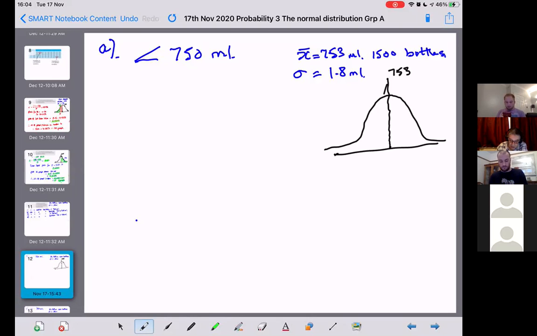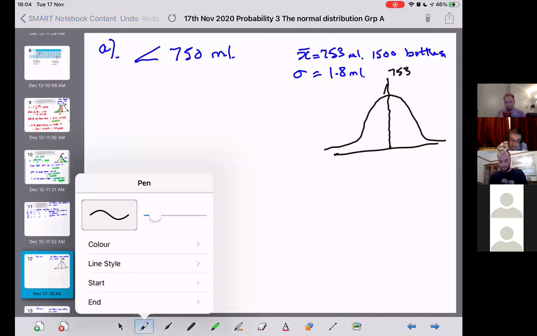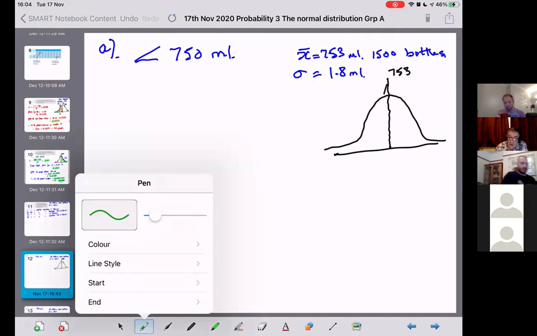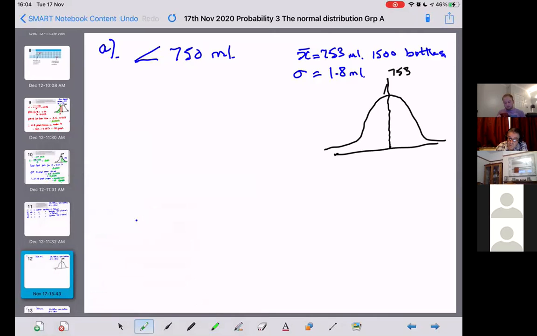This part of the question is saying how many does this predict are less than 750?